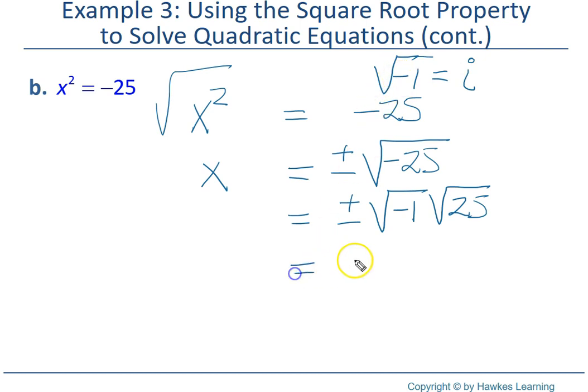So this then becomes plus or minus i, that's this i here, the square root of 25. Now we can take the square root of 25 and we get plus or minus 5i.